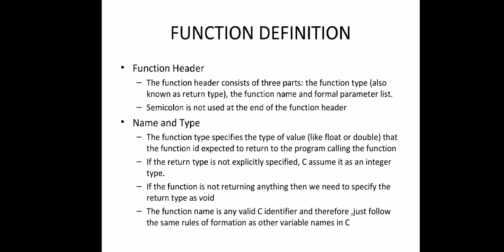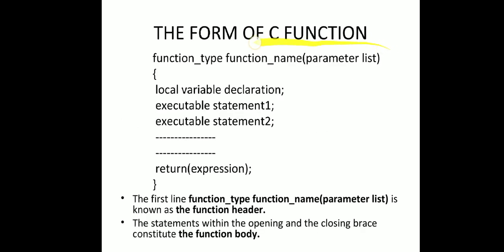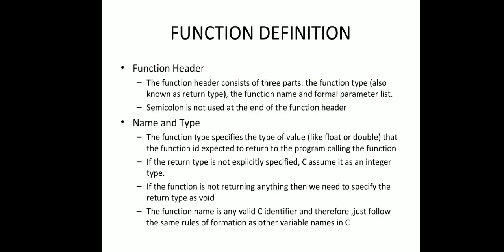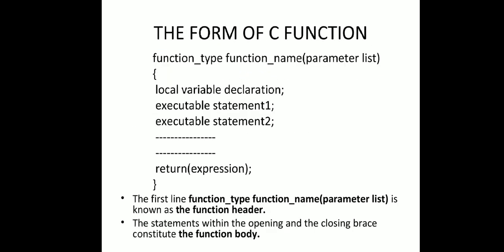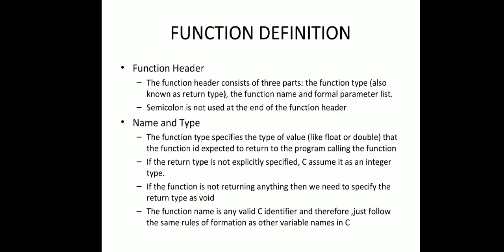One most important thing here is header does not have any semicolon. You should not use any semicolon at the end of the header. If you use the semicolon at the end of the header, then your program will fail. This is very, very important.